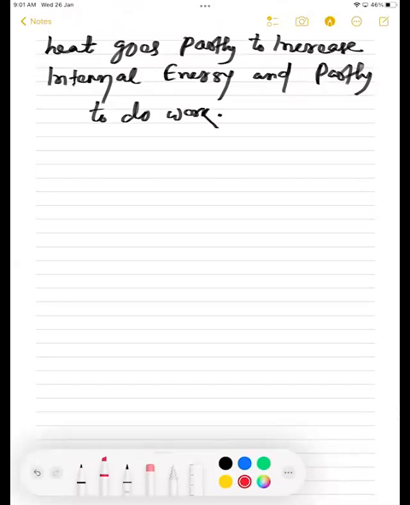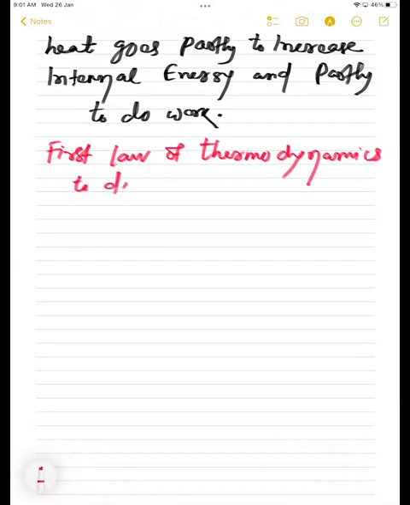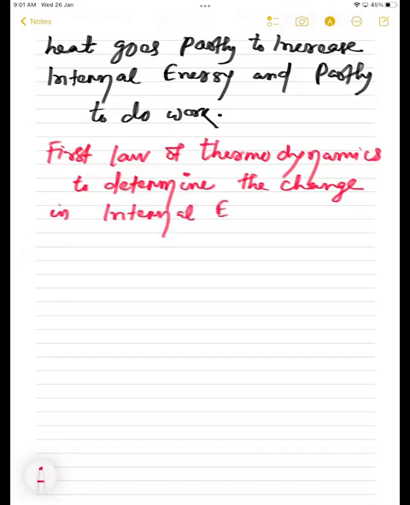See here, first law of thermodynamics to determine the change in internal energy during boiling process.